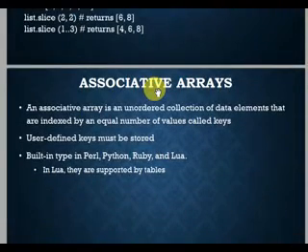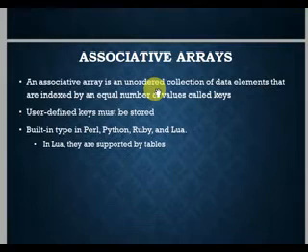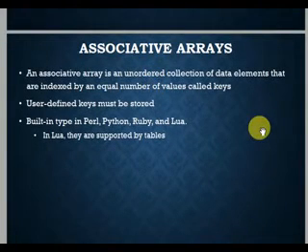Then let's come to associative arrays. An associative array is an unordered collection of data elements that are indexed by an equal number of values called keys, not by indexing.